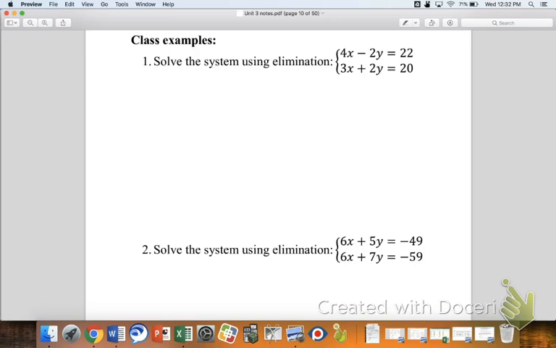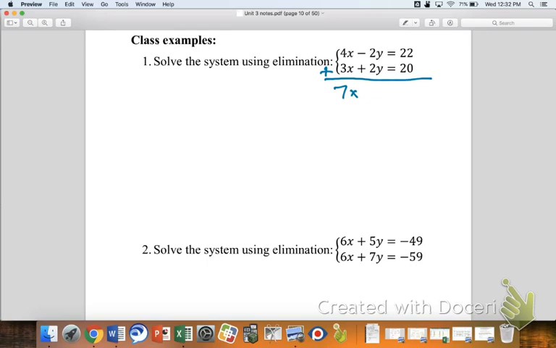So I want you to notice something. If I were to draw a little line right here and put the classic elementary school plus sign indicating that I'm about to add vertically, then let's think about what would happen. The 4x would add to the 3x, and that would give me what? 7x. That is correct. What happens when I take a negative 2y and add it to a positive 2y?